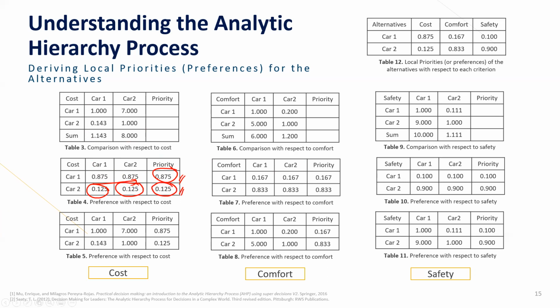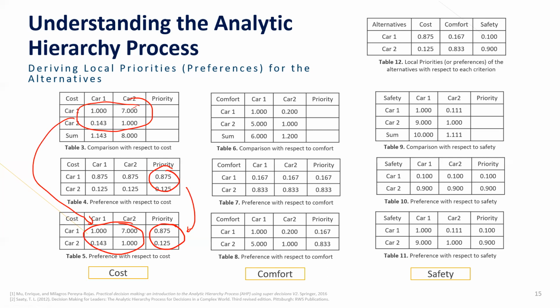Those are the priorities, and then you put them here in the original form. This one is taken from the same value, and this one is taken from this one. Okay, up until here, you got it? The steps.